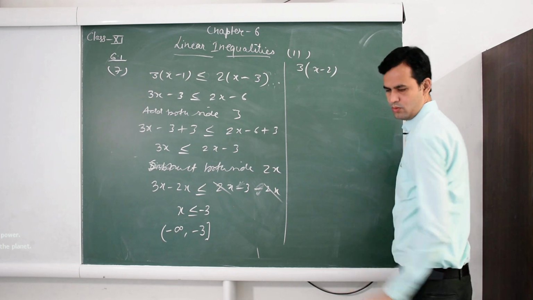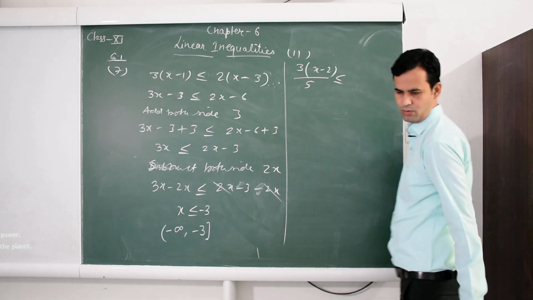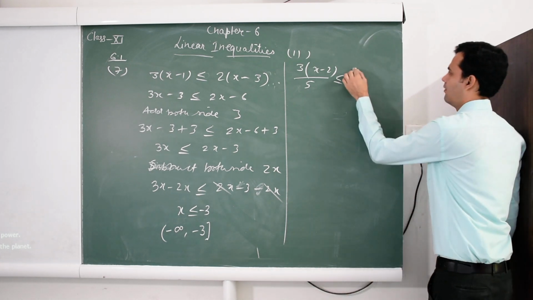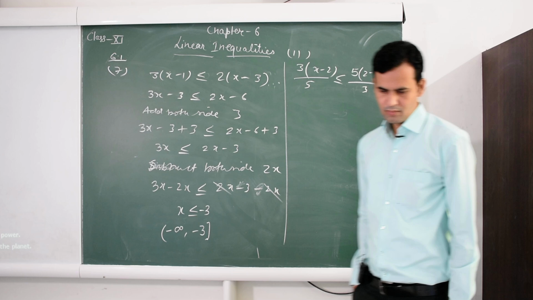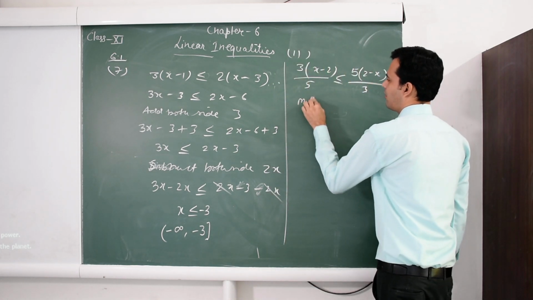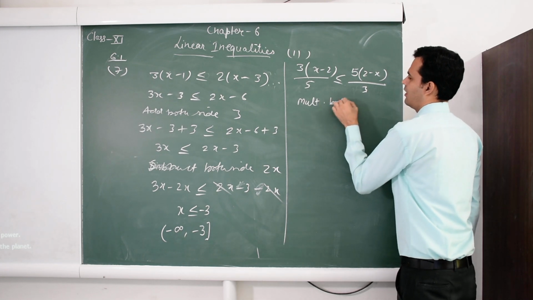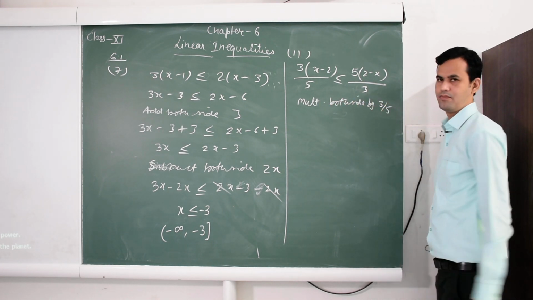3x minus 2 upon 5 less than or equal to 5 times 2 minus x upon 3. Okay, so first multiply both sides by 3 by 5.